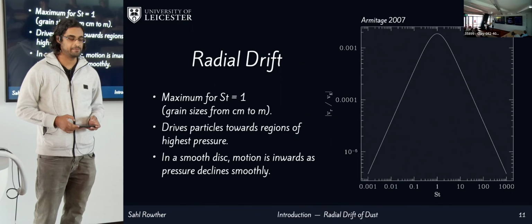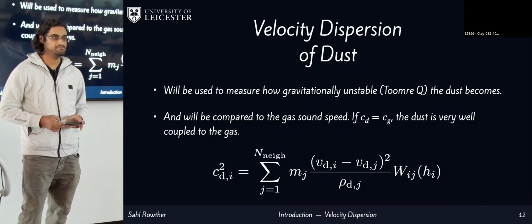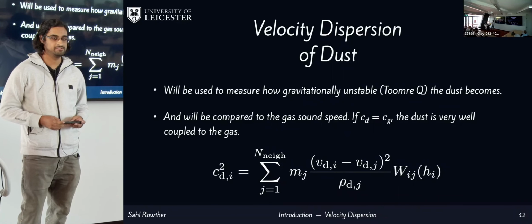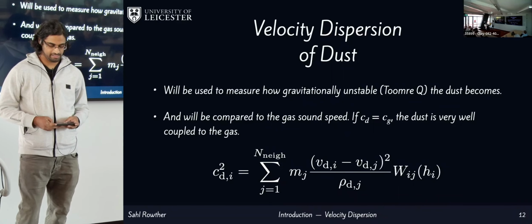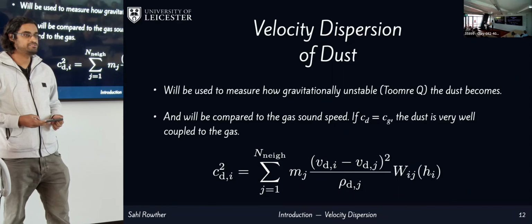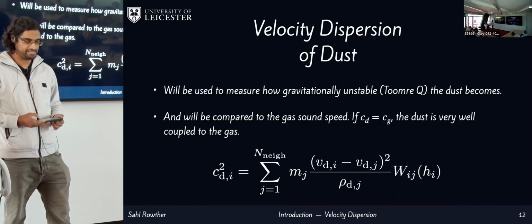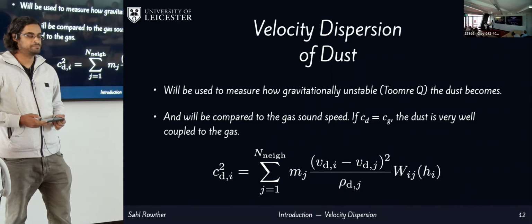There's one more useful item to introduce for the simulations here, and that is the velocity dispersion of the dust. It's defined by the equation here below, and it'll be used to measure how gravitationally unstable a disk is, as the dust in simulations has no internal energy, so we need a substitute for the sound speed.